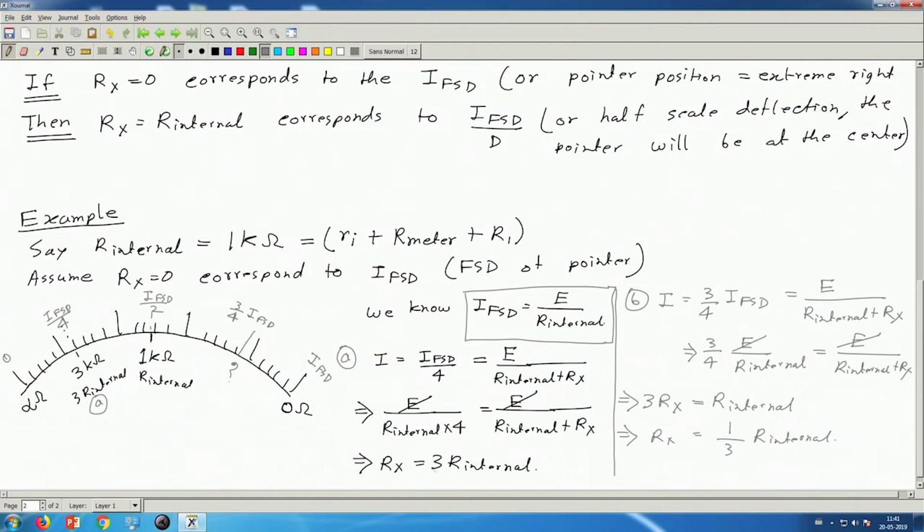When R internal is 1 kilo ohm, this value will be 1/3 kilo ohm, same as R internal by 3 in general. So, this is position B.